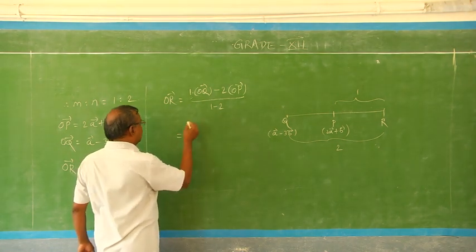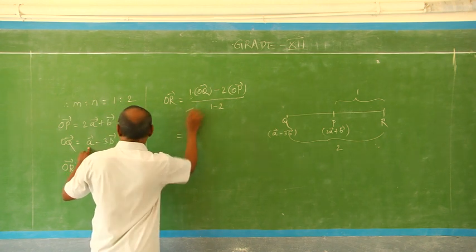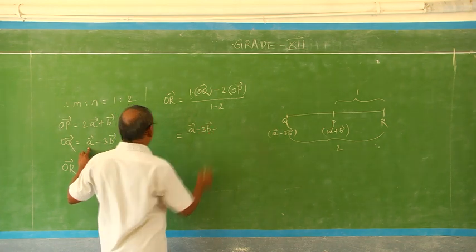Now 1 into OQ vector means a vector minus 3b vector, minus 2 into OP vector.